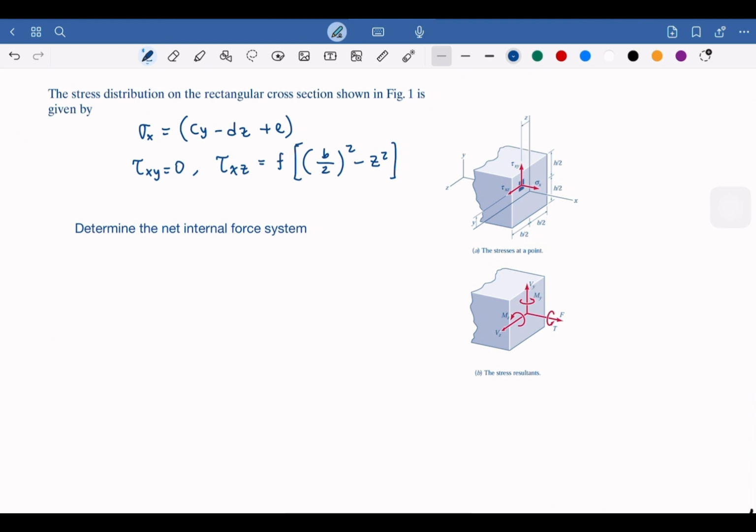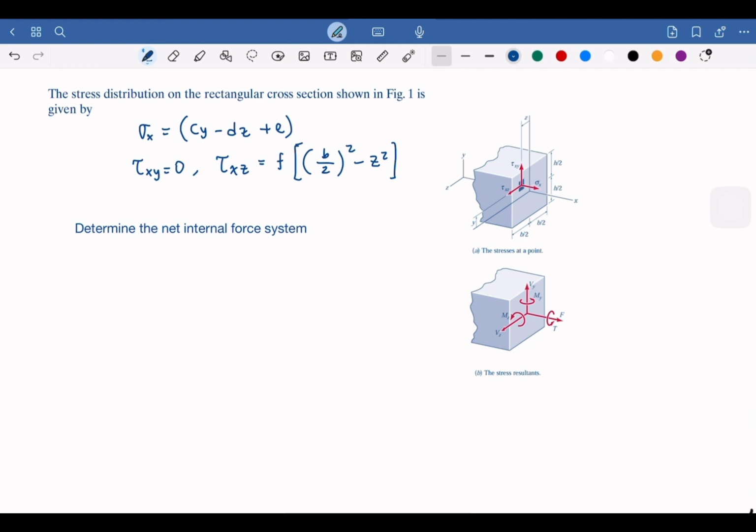Okay, I hope my z has a middle cut through, so it's going to be different from 2. So what we should compute is, we need to determine the internal system, or the net internal force system.